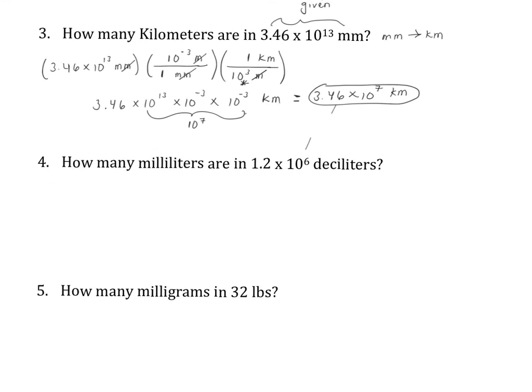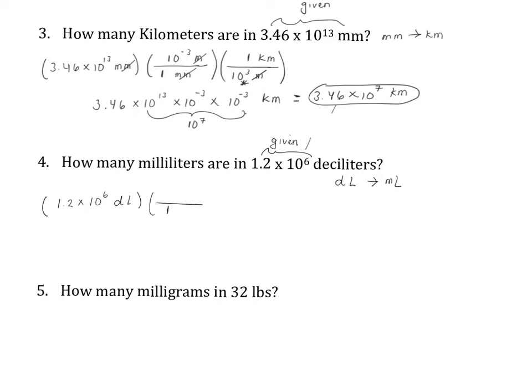In the next problem, we're going from deciliters to milliliters. We start off with what's given. So we have 1.2 times 10 to the 6 deciliters.